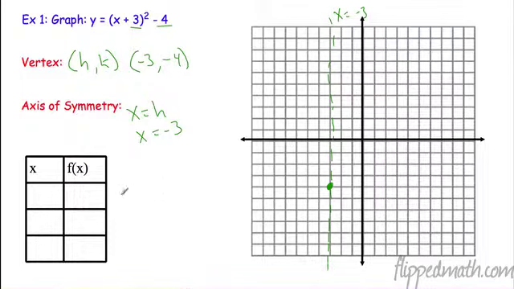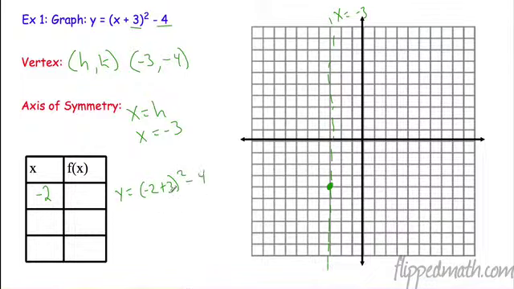All right, now how do we find the rest of these? Well, here's the best thing to do. We need as many points as we can. Go 1 over. Either way, it doesn't make a difference. All right, so I'm going to go over here. That's negative 2. All right, how can I find anything? When I have a table, I can take my x value and plug it in and get my y, or my f of x. So negative 2 plus 3 squared minus 4, right?